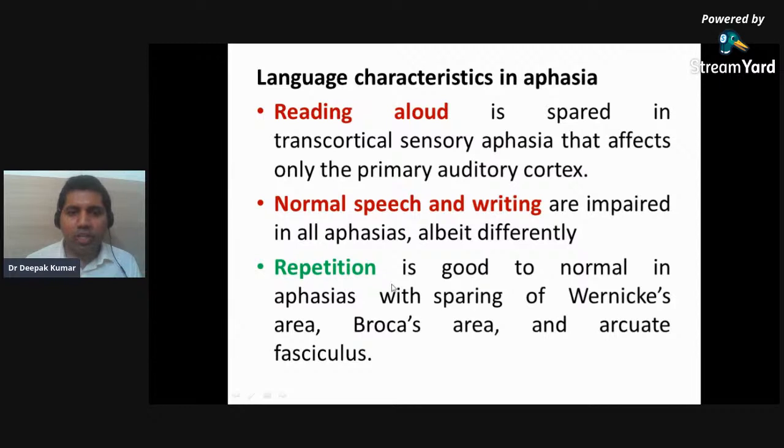Repetition is good to normal in aphasias with sparing of Wernicke's area, Broca's area, and the arcuate fasciculus, the areas that you learned in the first or second year of MBBS. So if the central part of the language areas is undamaged, then repetition is good to normal. But if there is any damage to either Broca's area, the arcuate fasciculus, or Wernicke's area, repetition is impaired.